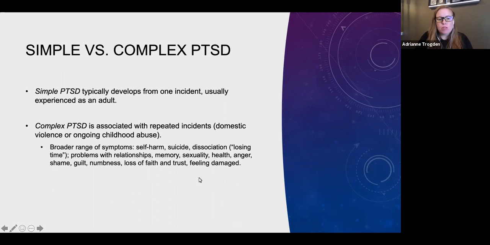Problems with relationships, very common. Problems with memory, because the brain is impacted by trauma, and one of the areas we talked about was memory in the hippocampus. And so if that's impacted, then sometimes they struggle to remember things and to remember what happened. They might have struggles to resolve their sexuality.